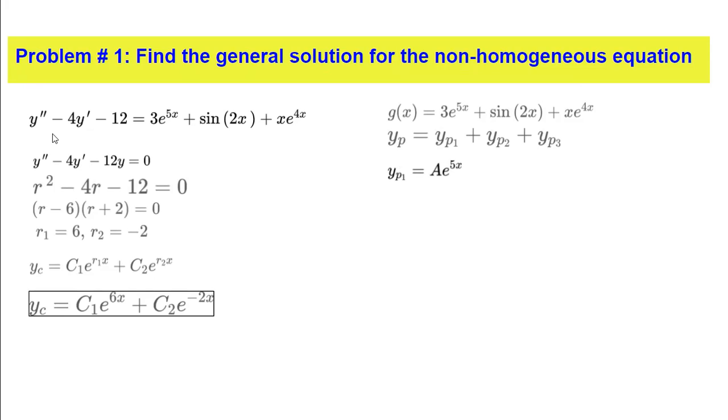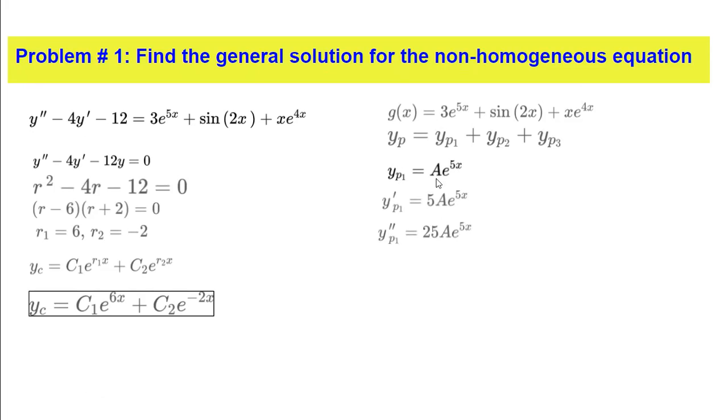Since we have y prime prime and y prime, we differentiate twice. Differentiating this particular solution for the first time, we have 5a e to the 5x. Differentiating for the second time, we have y prime prime equal to 25a e to the 5x.